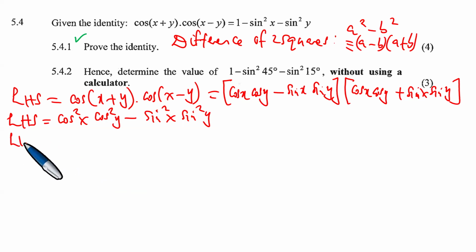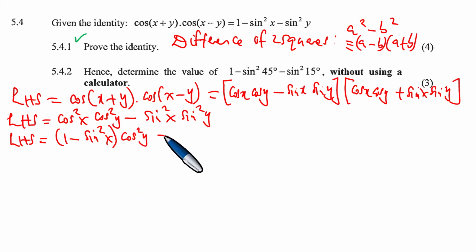And what is the left-hand side? The cosine is 1 minus sine squared x. You can change the cosine squared and write it as 1 minus sine squared. Simultaneously keep this and return the cosine squared y there.